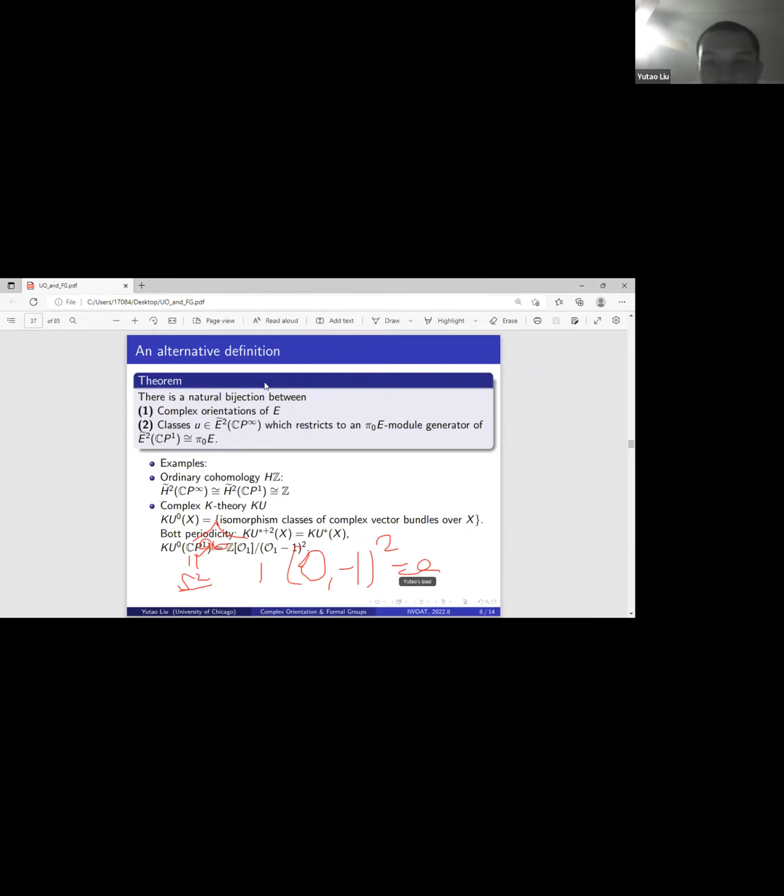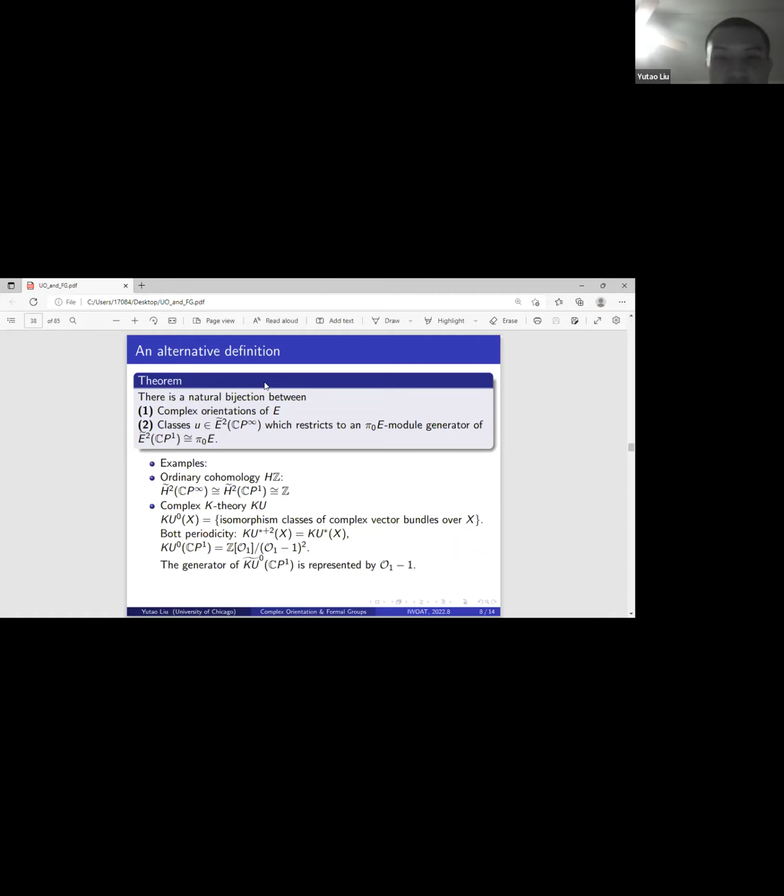Now when you consider the reduced KU cohomology, you want to remove the trivial bundle. A natural choice of the generator of the reduced KU cohomology of CP1 is represented by the tautological bundle minus the trivial bundle.